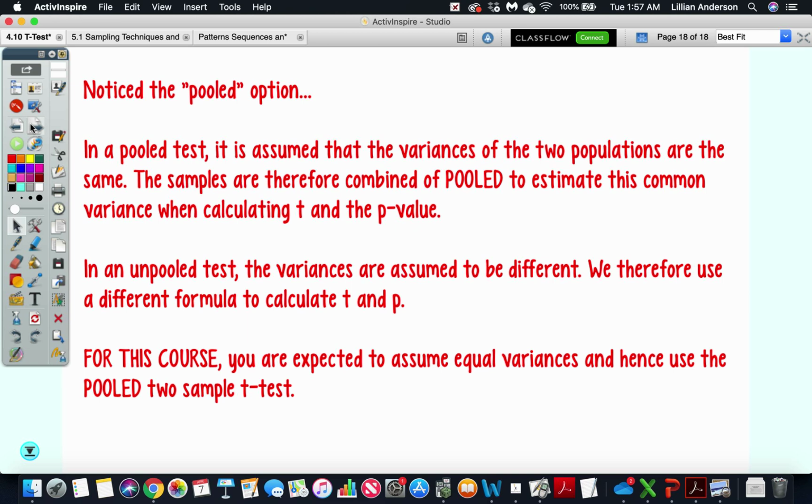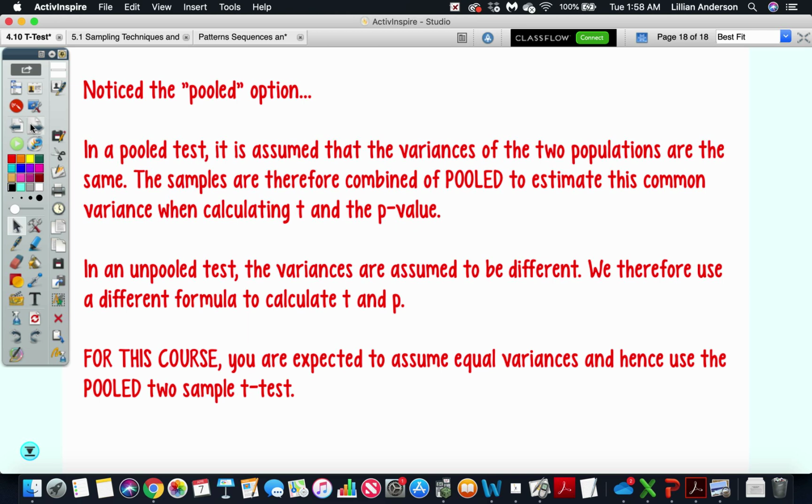It basically takes together the variances, the fact that they're the same. Now, when it's unpooled, then that means the variances are assumed to be different. Therefore, we use a whole other formula to calculate the value of t and p that is separate from the formula that you saw earlier in the lesson. But we're not doing anything by hand for this class.